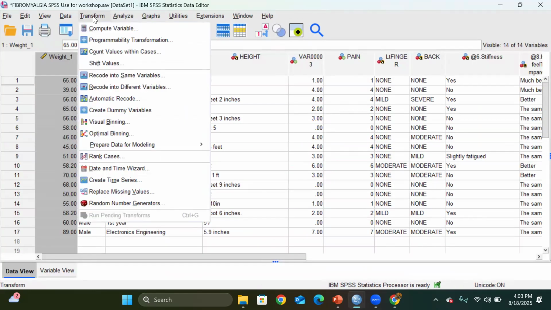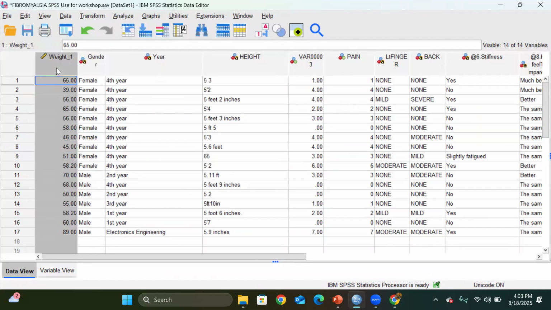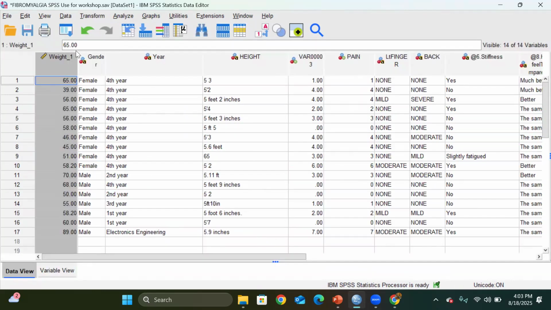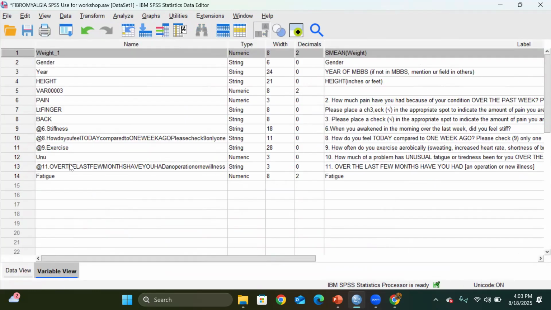Okay, so for the paired t-test, we need to have data that is before and after. Suppose this is the weight before exercise.